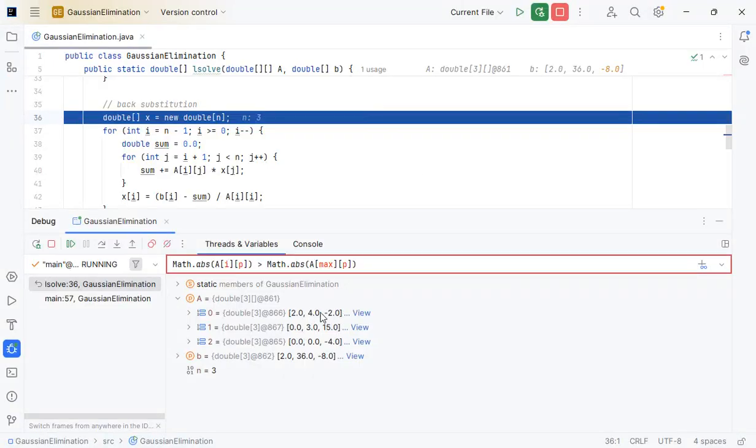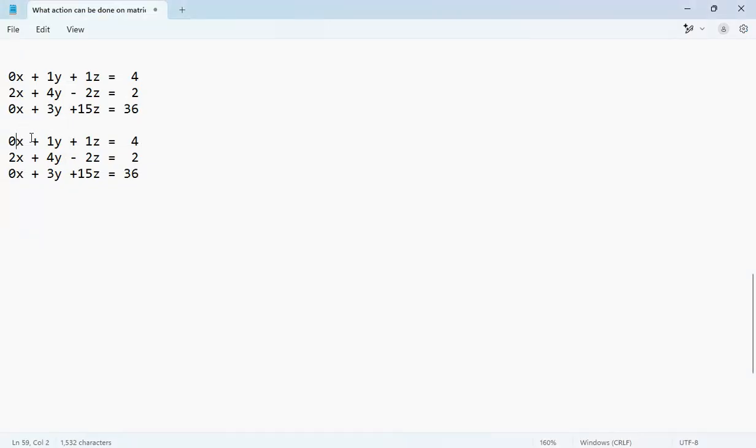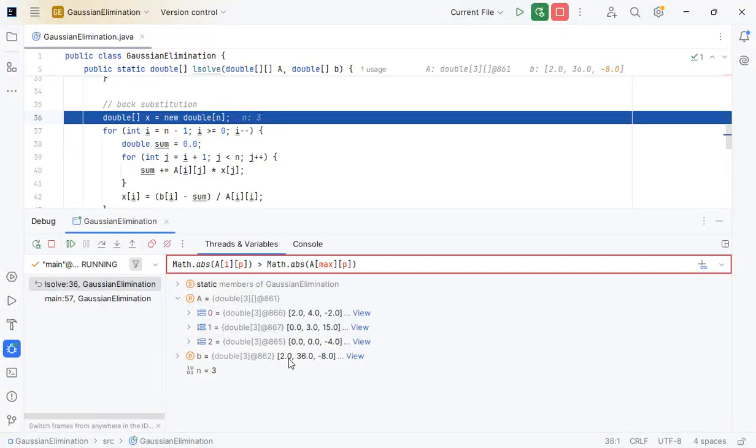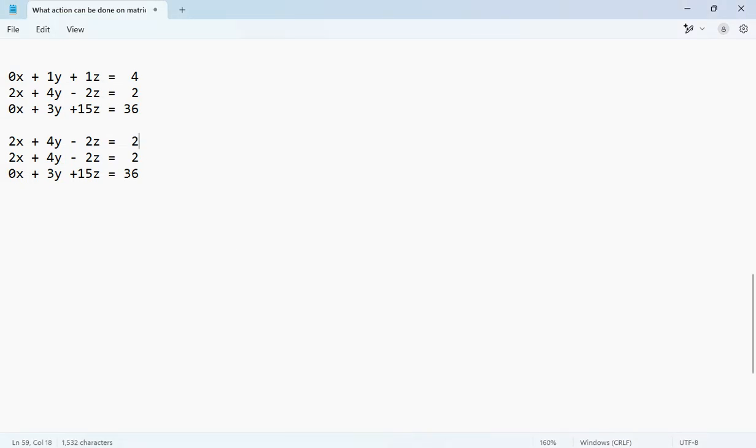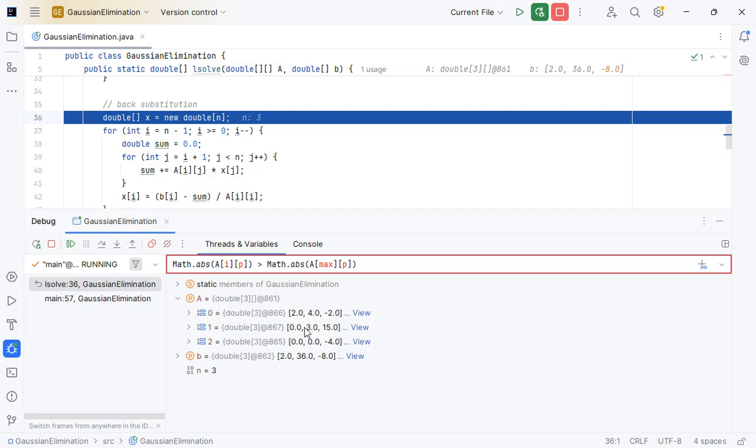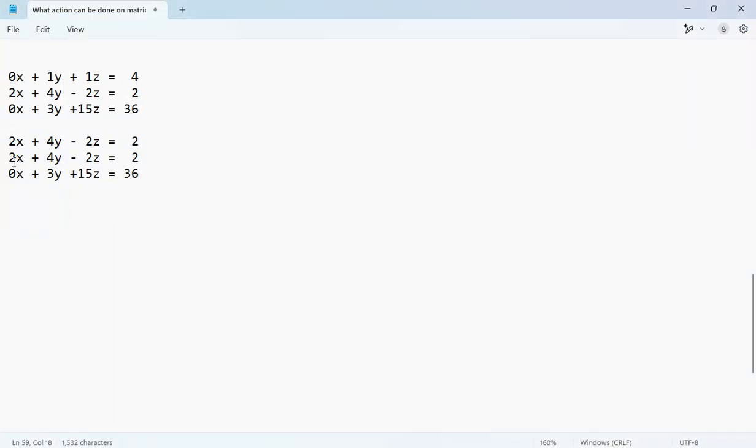Here you have 2, 4, minus 2, so it will be here 2, here is 4, and here minus 2, and there is 2. So this is like that. Then the second equation is 0, 3, 5, 15. So here is 0, here is 3, and here I think is 15 with plus. So here is plus 15z is equal to 36.